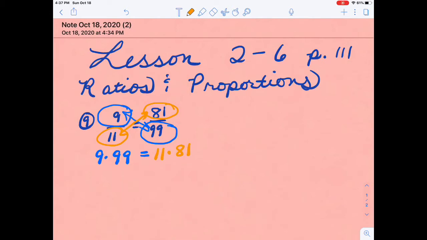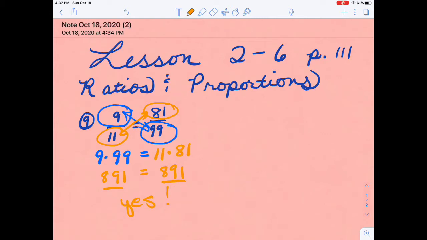So I just sort of multiply in an x. I'm going to do 9 times 99. I have my handy dandy calculator here. It is 891. And I want to know if that equals 11 times 81, which is 891. So yes, they do equal. And so these are equivalent ratios or equivalent expressions here.